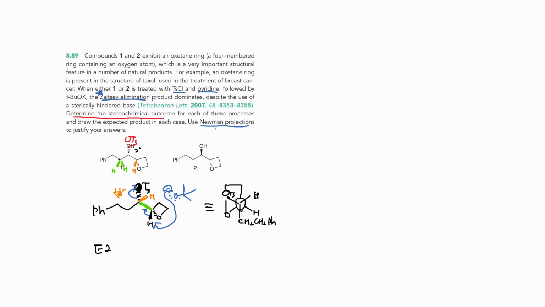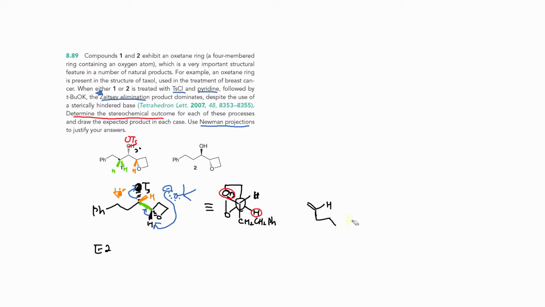Now notice that the leaving group here and the hydrogen on the back are anti-periplanar. So this is good, and we don't have to do much. We just have to eliminate these two and then form the double bond between this front carbon and the back carbon. And then CH2, CH2, and then you have Ph.